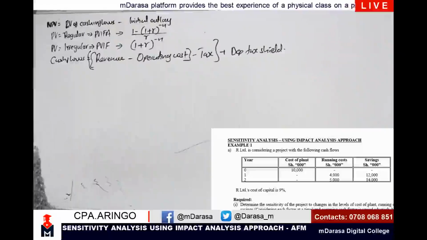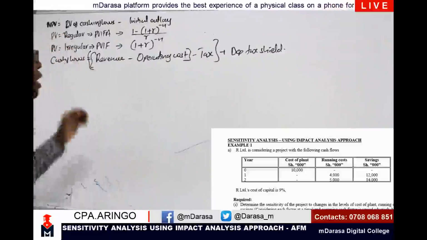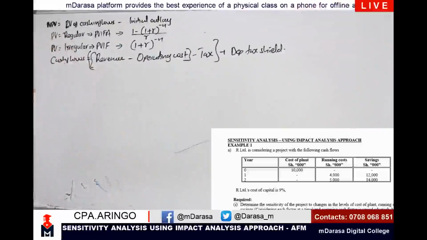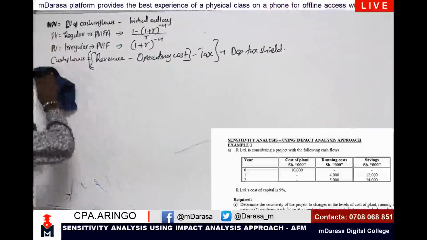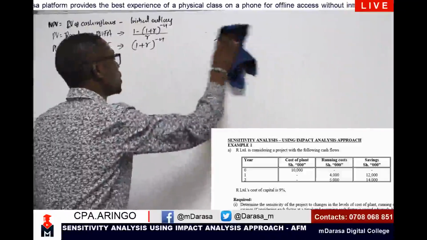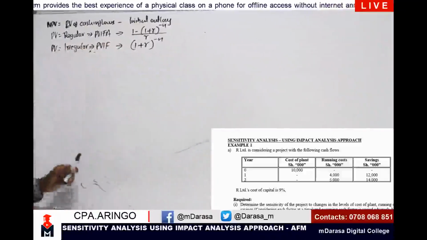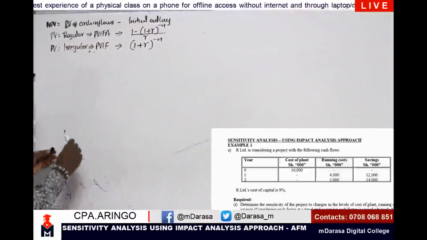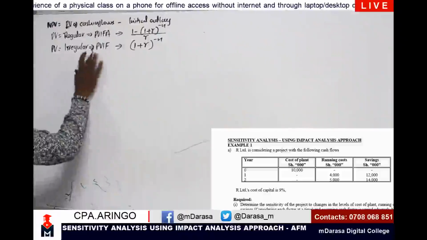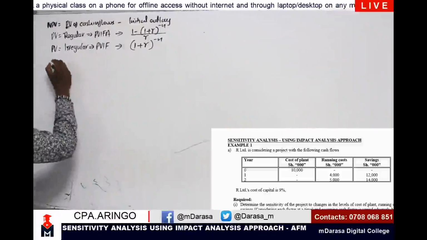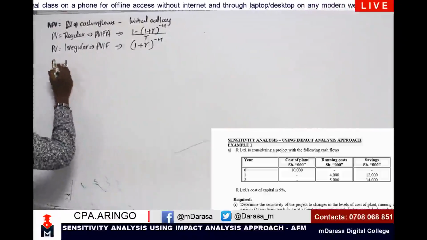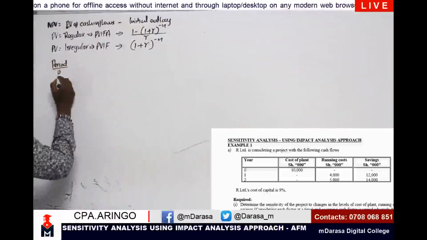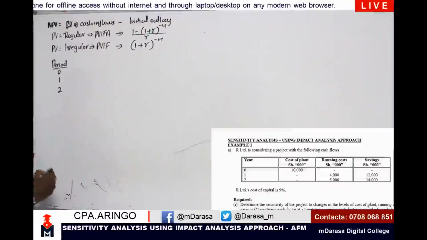So that is to say, I'm having what? Irregular cash flows, right? So what will be required to do here is to prepare the movement of what I'll be expected to have, where I'm having our period 0, 1, 2.